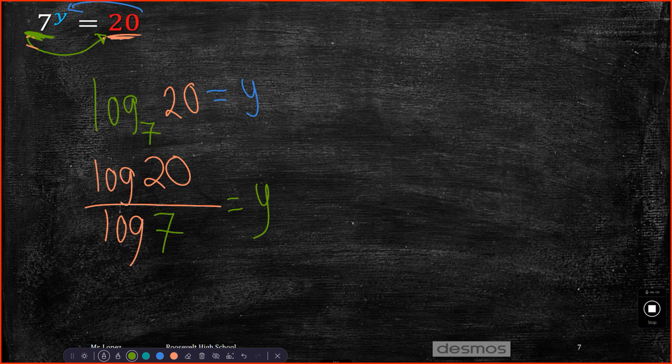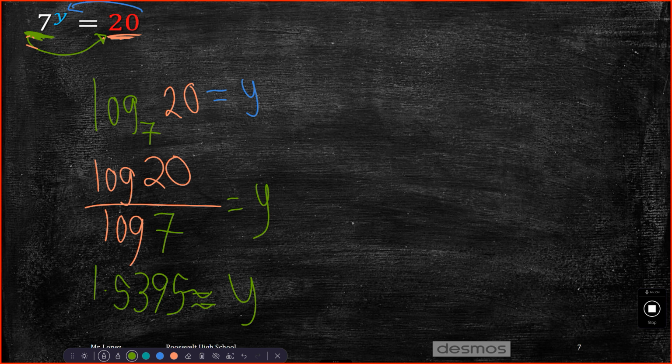Divided by log 7. What are you getting now? Approximately what? 1.5395. So the answer is 1.5395 approximately.